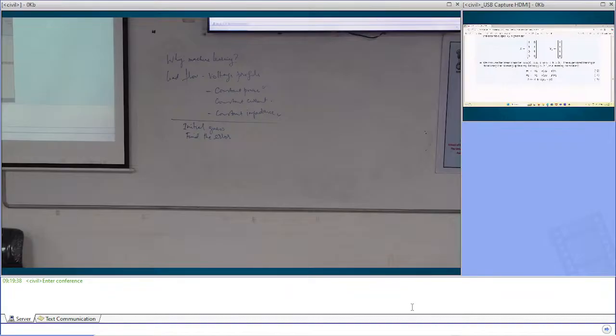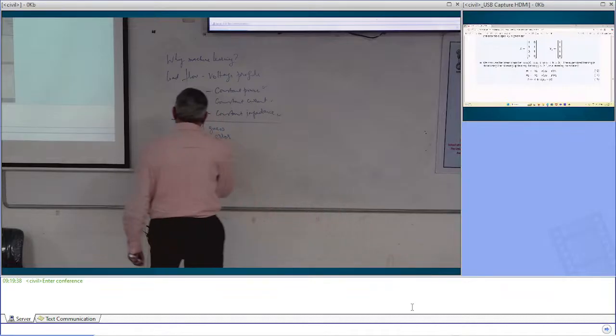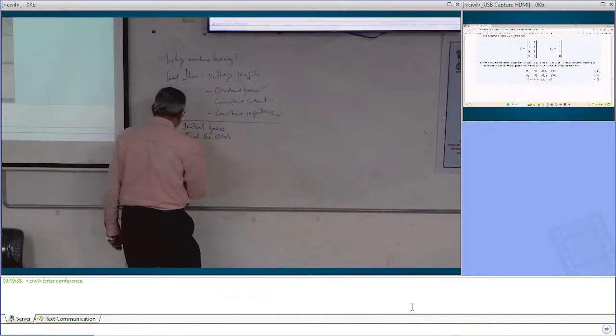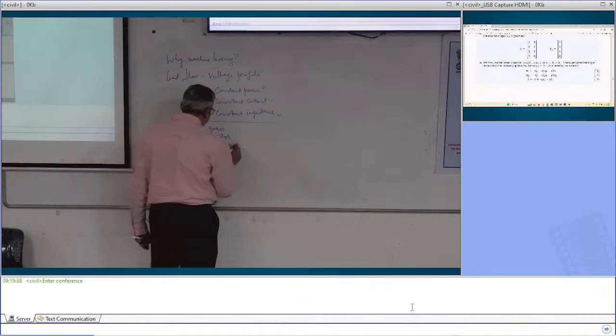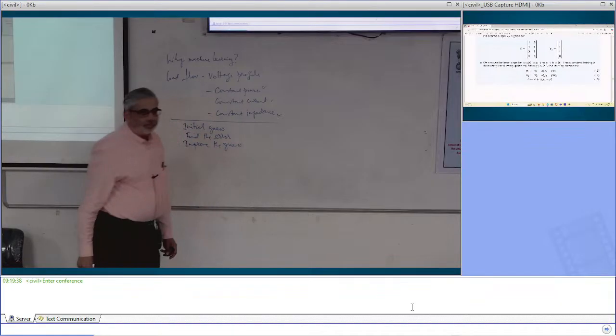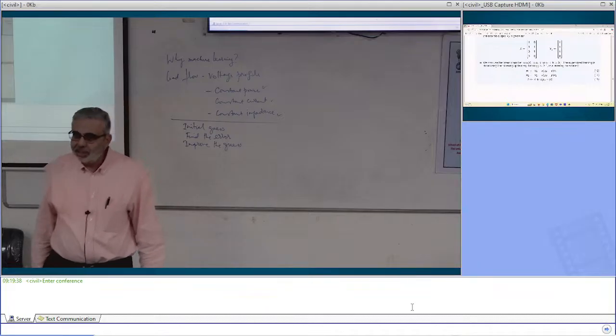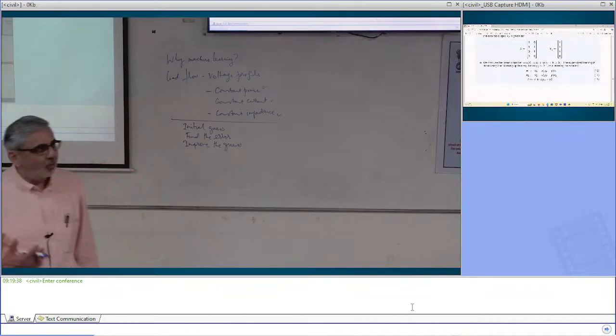वो सब यूपीएससी का काम है, अपना काम नहीं है. Find the error, improve the guess. We improve the guess, and that's how we keep doing it.